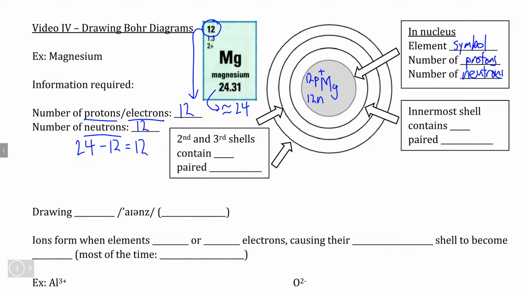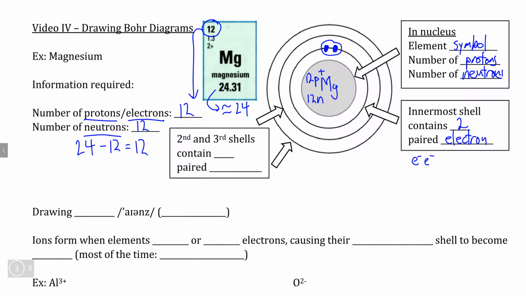For example, if we go to the innermost shell, the one closest to the nucleus, the innermost shell can only contain 2 electrons, and these electrons exist in a pair. So for reasons that we can't get into, electrons are always represented in pairs where that is possible. So the way that we would represent the 2 electrons in the innermost shell is we would write 1 electron like this and a second electron like this so that they form a pair.